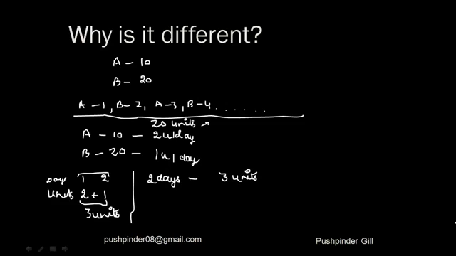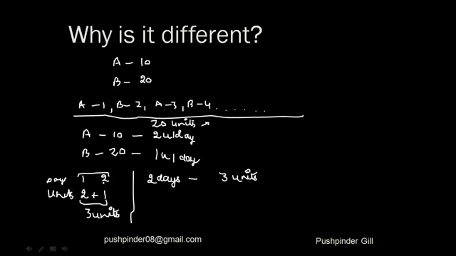Why? Because every day has a different value. On every odd-numbered day, 2 units will be finished, and on every even-numbered day, 1 unit will be finished. That means the number of units they're finishing every day is not consistent. It changes. So I cannot completely rely on the unitary method to give me the answer.